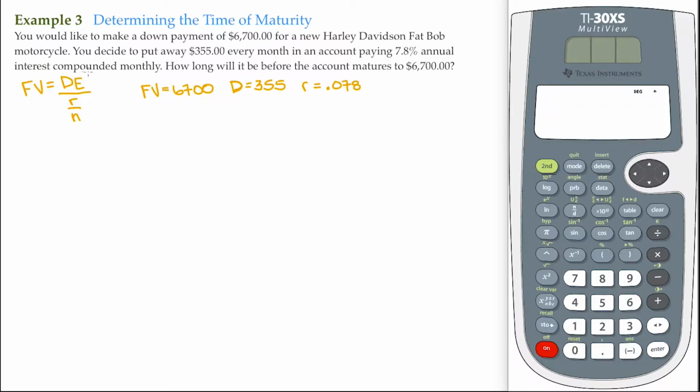And that is compounded monthly, so the number of compounds is 12. And of course, we're trying to find how long. So we're going to be determining T, the time it will take to get $6,700 at $355 deposited every month at 7.8% compounded monthly.